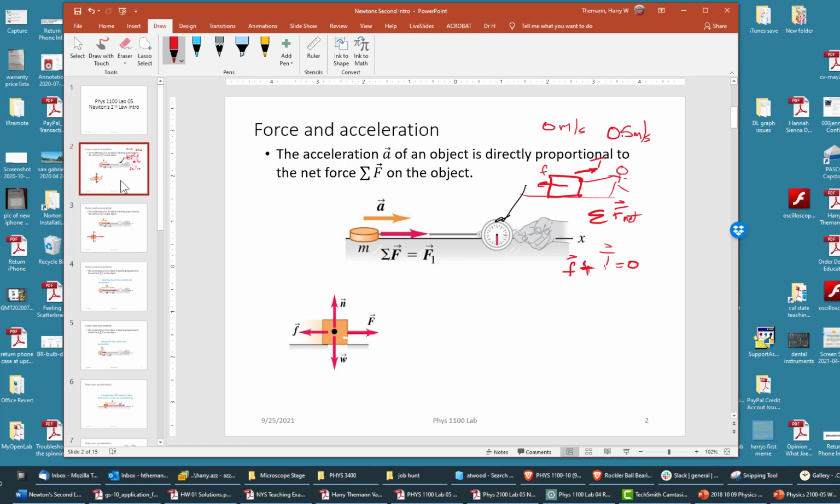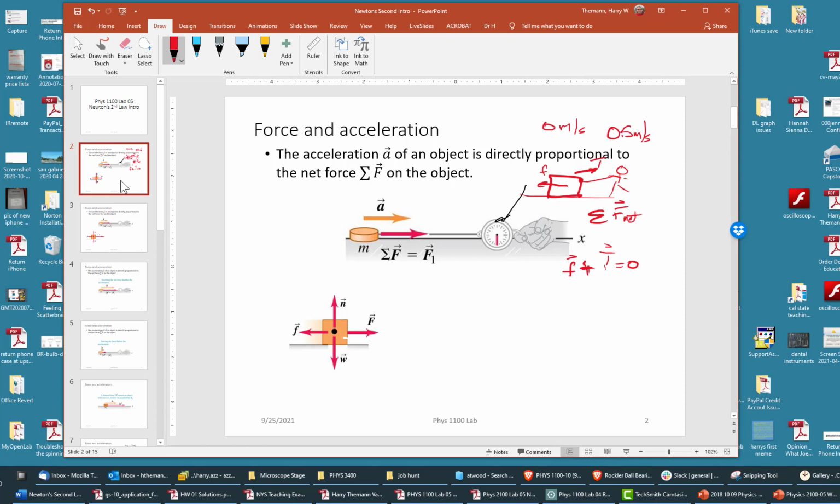So that means when the sigma F equals 0, then this is Newton's first law, and that just means if something's at rest, it stays at rest, or if it's moving, it just continues to move in a constant fashion, constant speed.